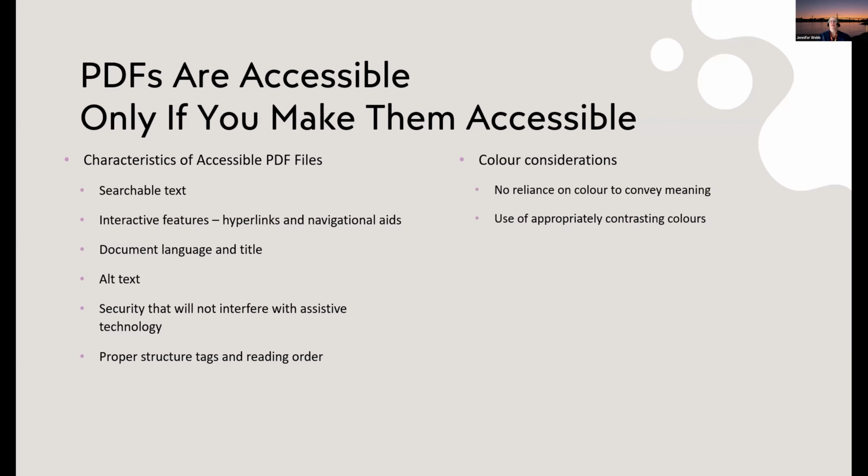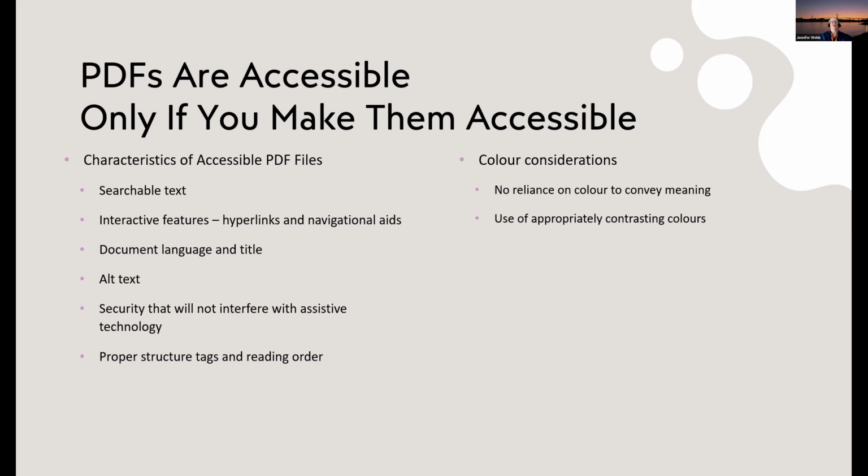So we've heard some of the items in what was just described in our source document, but we also want things like searchable text. We want to have interactive features like hyperlinks and navigation aids. Document language and title needs to be set. The alt text that we heard, if it's not already set in your source document, needs to be set.